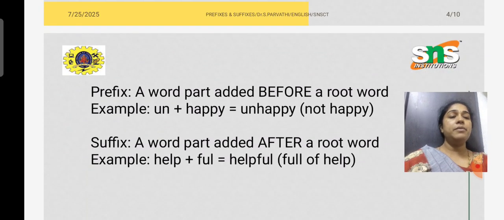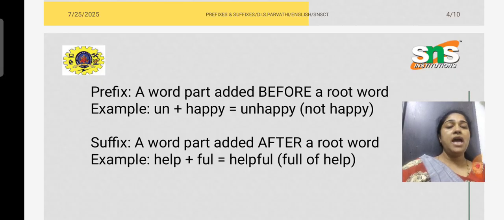Look at this, I'm going to explain clearly. A word part added before a root word: happy, unhappy. A word part added after a root word: help plus full, helpful. Look at the meaning. Happy is happy, you're happy to hear. You're ready to help someone.